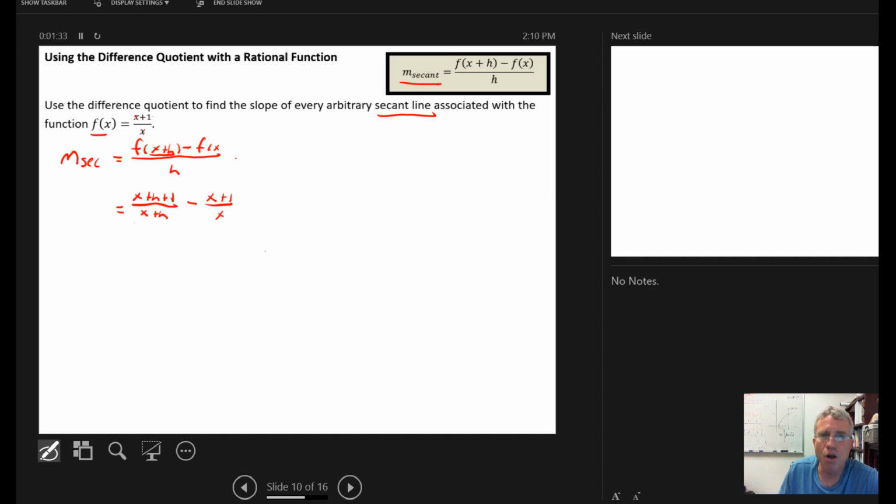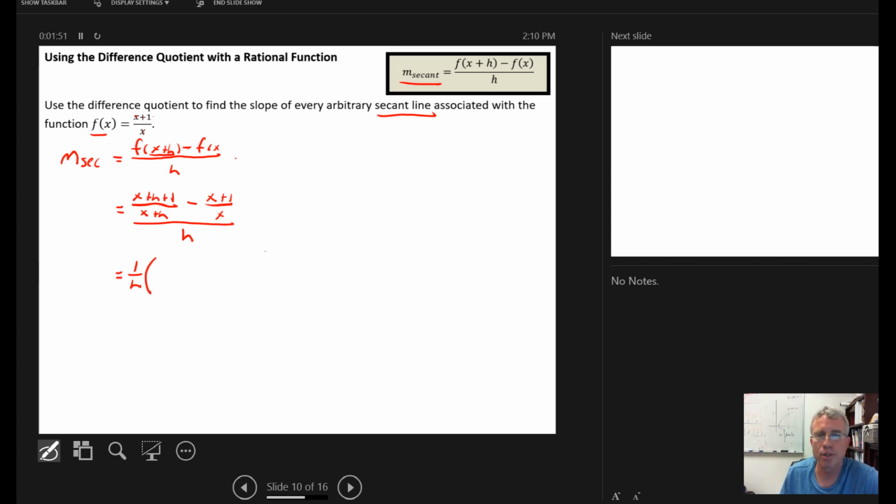And then it's all over h. Probably to make my life easier, I want to factor off a 1 over h, so that h is in the denominator position, and then I'm going to deal with the numerator separately.